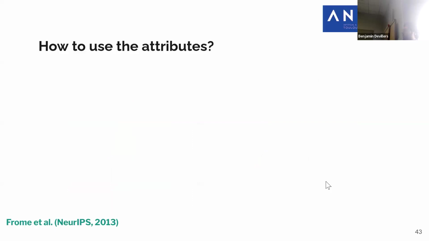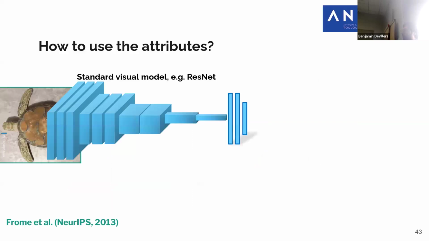So the question is how to use the attributes. Here we have our ResNet model, the one we were talking about before that learned on ImageNet. We give it an image of a turtle, and it gives the prediction of the class turtle. This is a seen image.